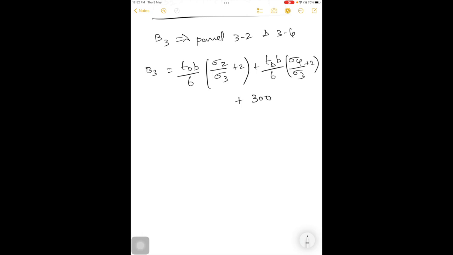So now we substitute the values. What is our thickness value?